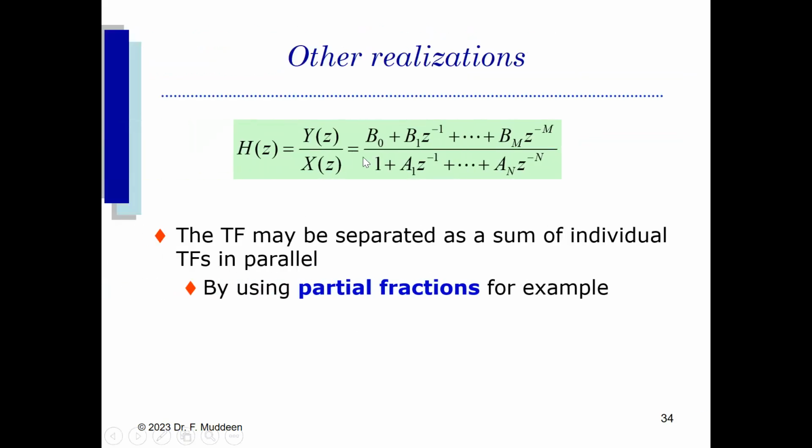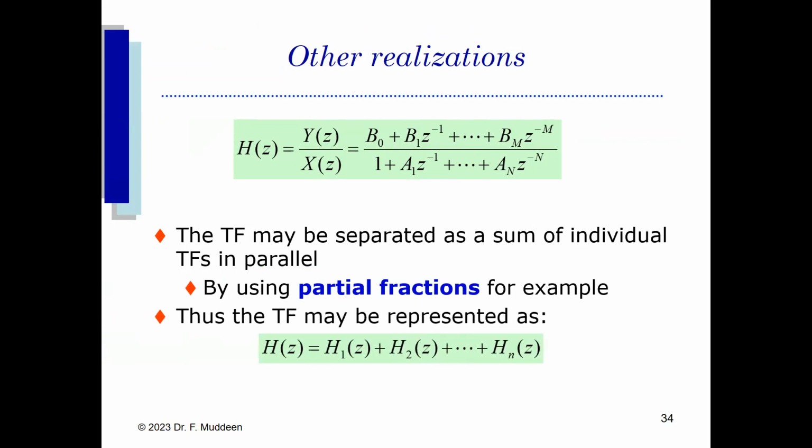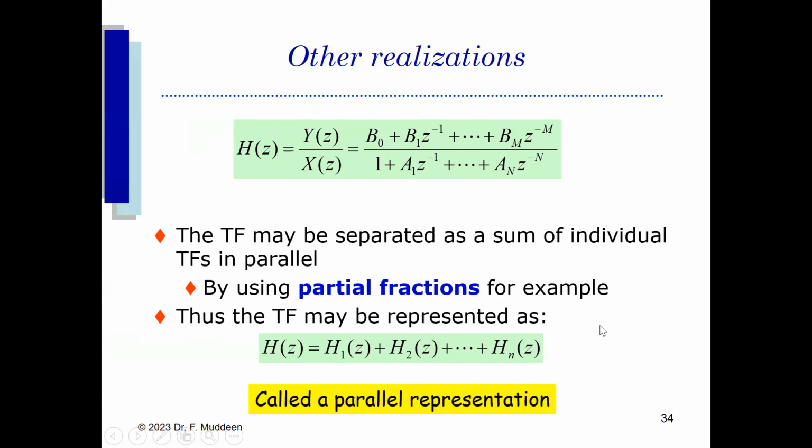Of course, the other one now, if I take the transfer function and I separate it into partial fractions, remember what partial fractions will do? Partial fractions create a transfer function that is the sum of the first partial fraction plus the second one plus the third. If I were to represent this now, this is what you call a parallel representation.